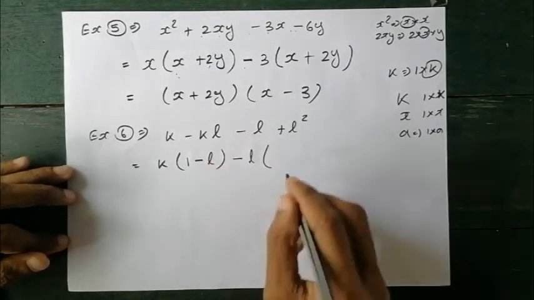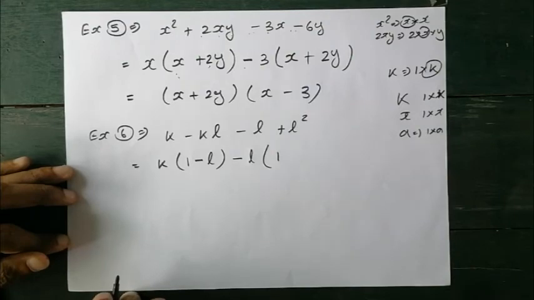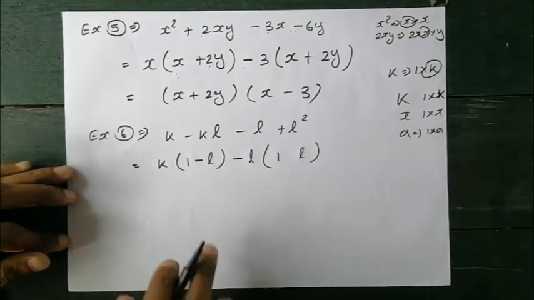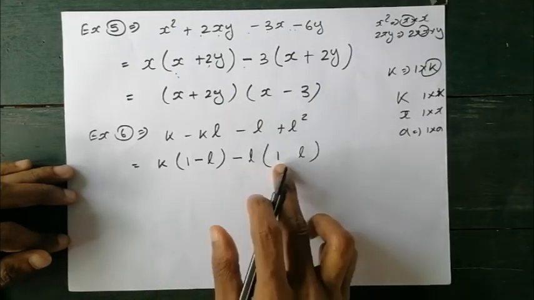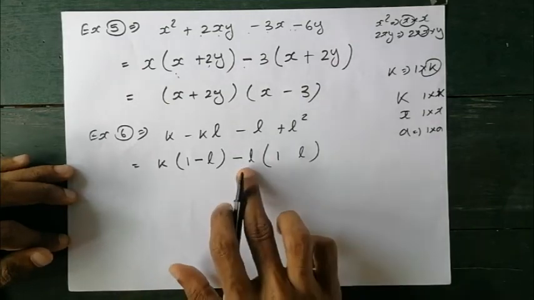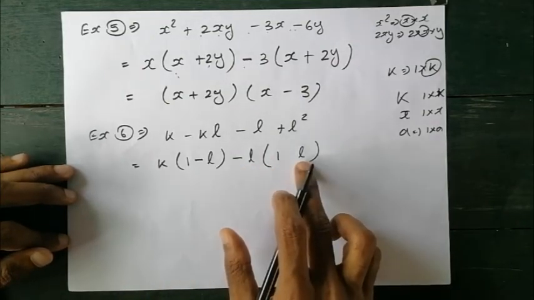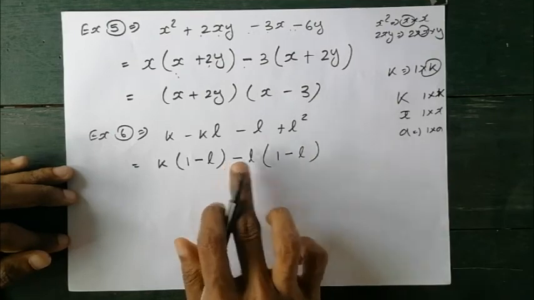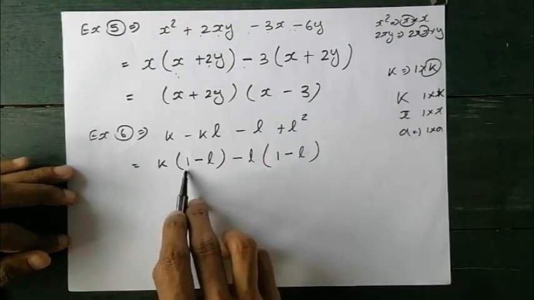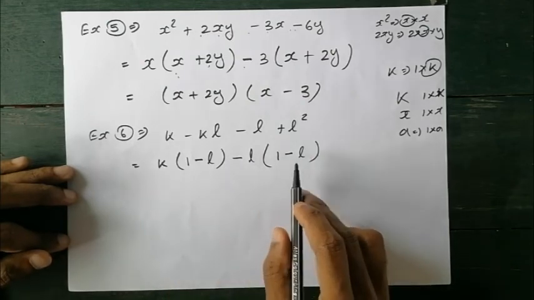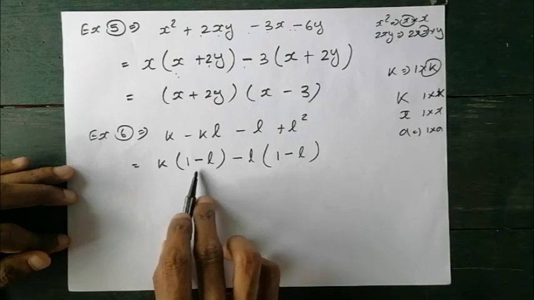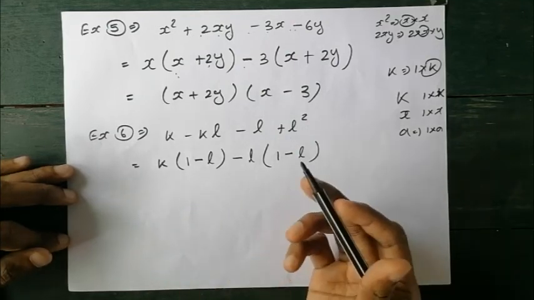If we take out l, 1 remains, and from l squared, l remains. Multiplying: minus l into 1 is minus l, and minus l into minus l is plus l squared. Check the result: 1 minus l, 1 minus l. So my factorizing is correct. If the result within the bracket is the same, your factorizing is correct.